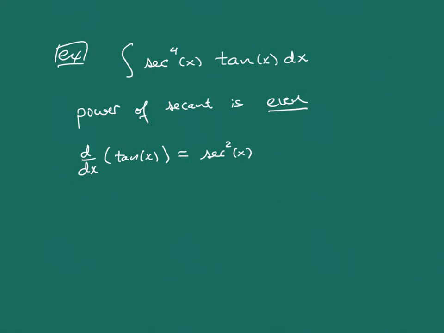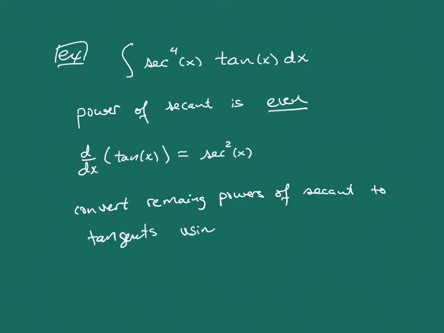So we keep two powers of secant back for our du, and then we want to convert the remaining powers of secant to tangents using our trig identity, secant squared is 1 plus tangent squared.